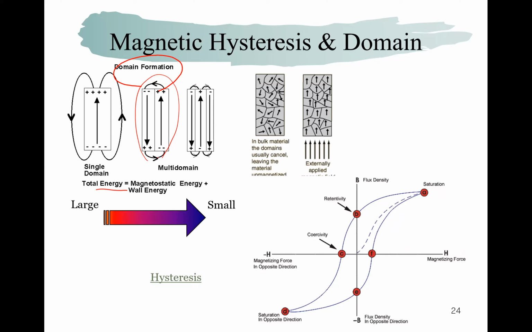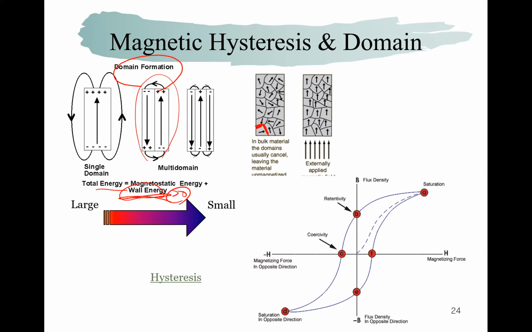Yeah, I didn't mention one more energy, what we call the domain wall energy. Domain wall energy is a kind of surface energy. It is formed in a domain wall, the boundary between two domains. There is some special spin structure, and that's what we call the domain wall. This domain wall energy is always positive.